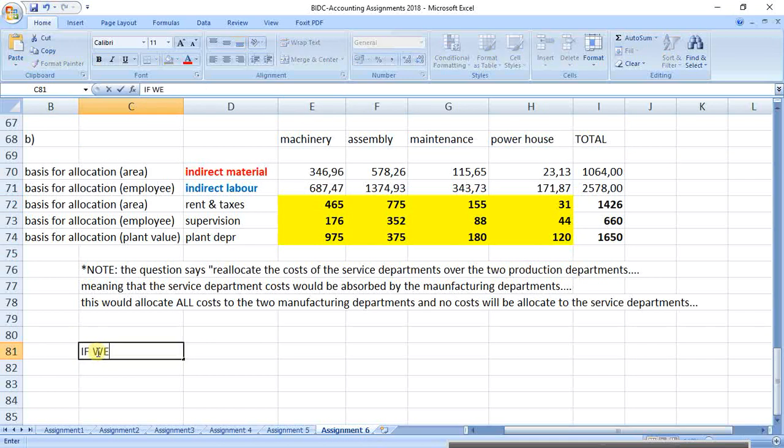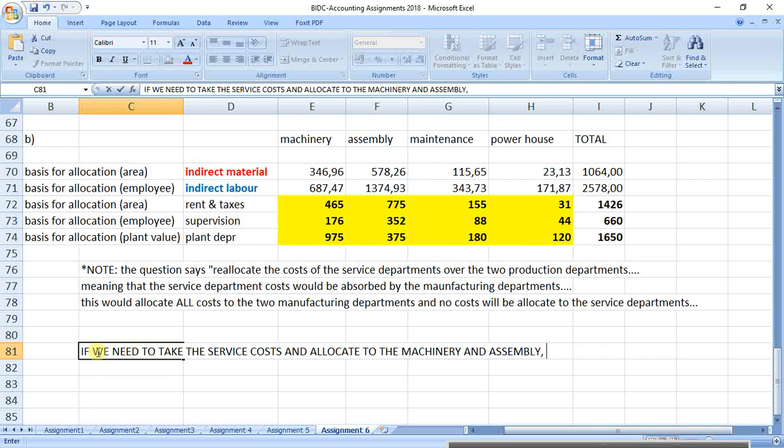Right, so if we need... This is part of B. If we need to take the service costs and allocate to the machinery and assembly, we could use the maintenance hours and the units of power used.